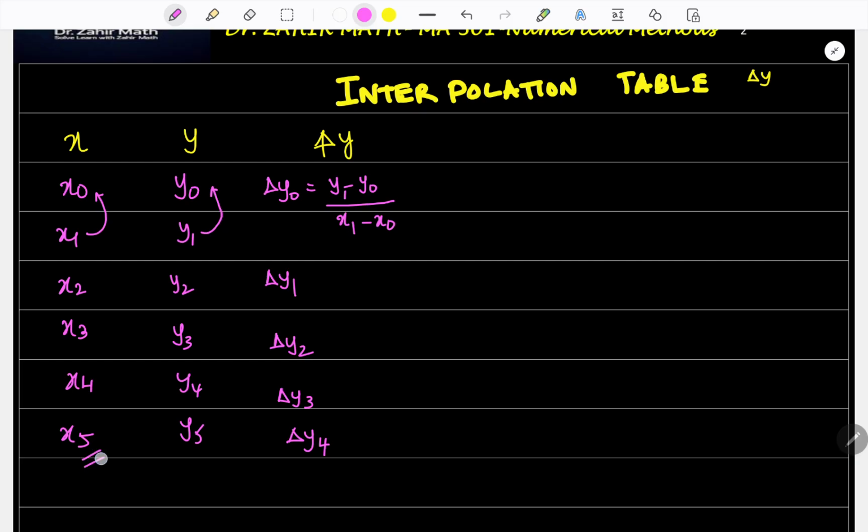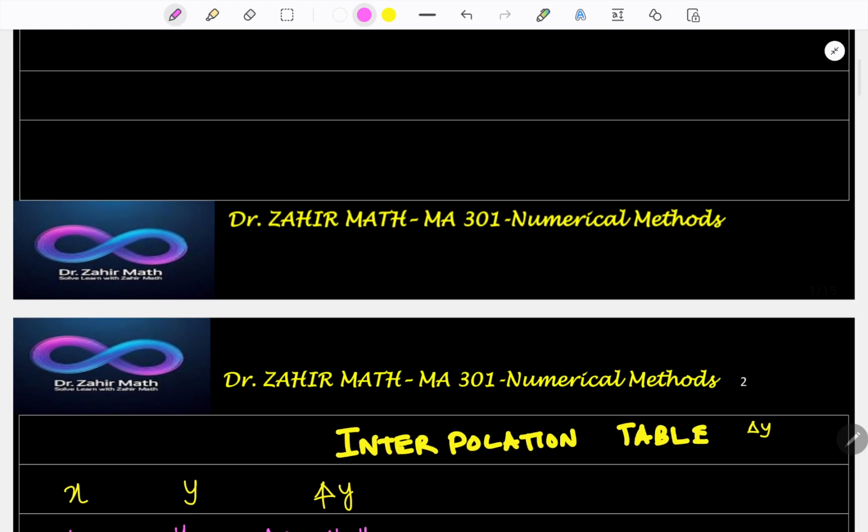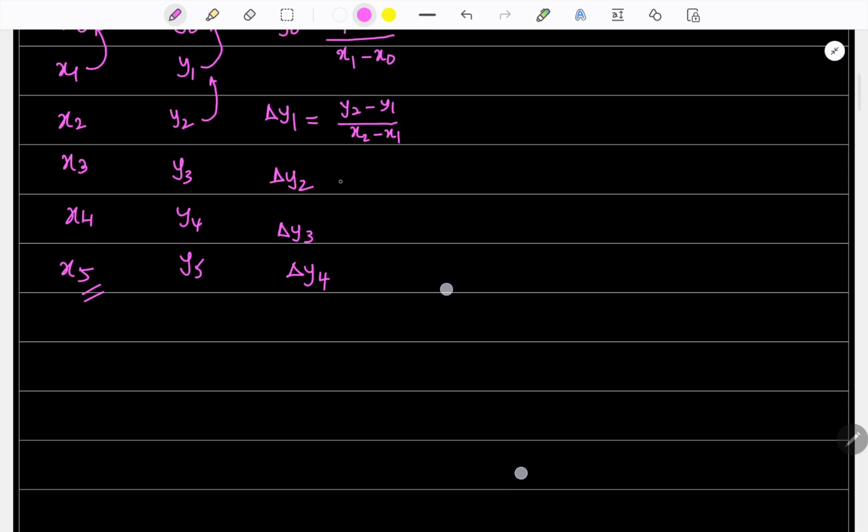So if 5 points are there, you will get up to del y4 only. The next is y2 minus y1 divided by x2 minus x1. The next is y3 minus y2 divided by x3 minus x2.